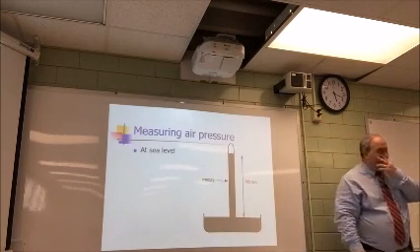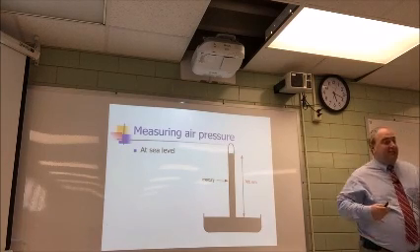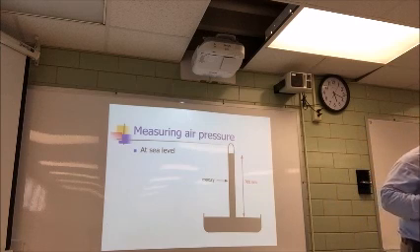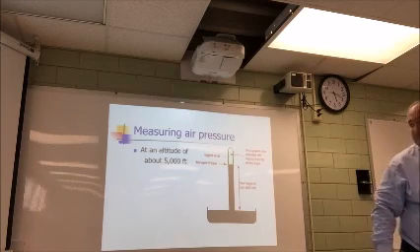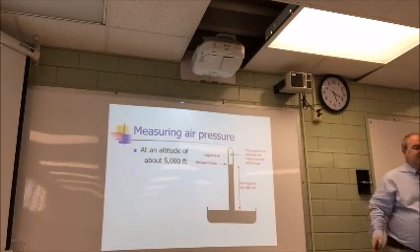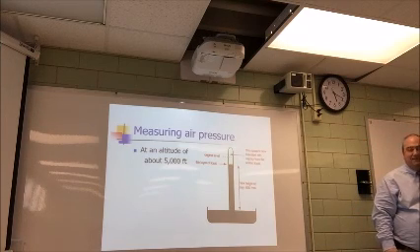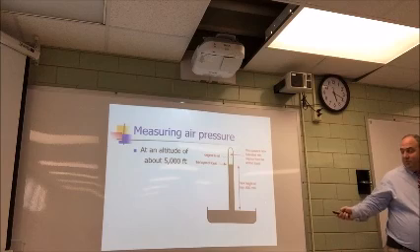So, at sea level, and in a lot of my problems, you'll notice I'll give you 760 millimeters of mercury. This is what I'm talking about at sea level. It's 1 atmosphere, you'll know too. However, what happens when you go to an altitude of 500 or 5,000 feet? What happened? What did it go down to?